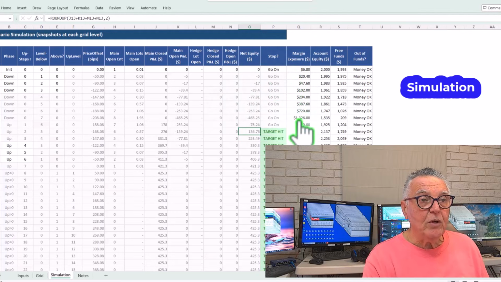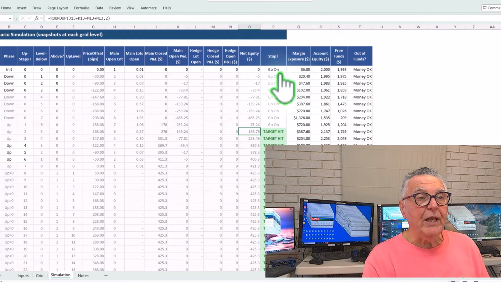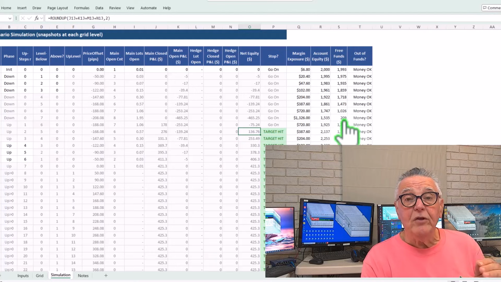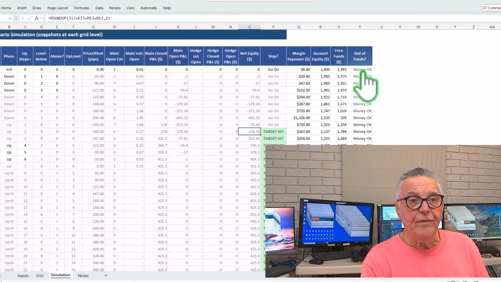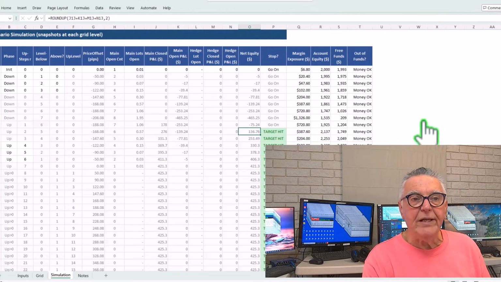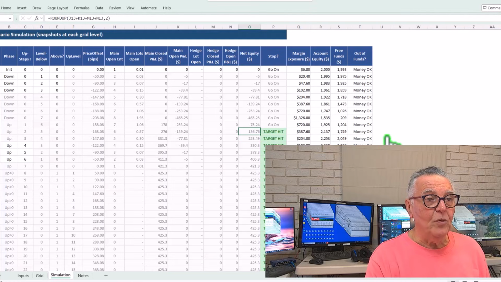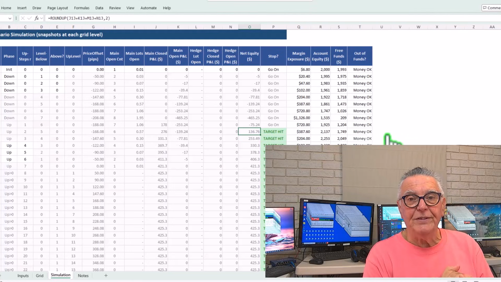There's the margin requirements. It measured equity in terms of your account minus the trading results, and then it says, okay, well, in fact, you only have so much available in your account, and there's out of funds. Okay now, and I'll show you an example where we run out of funds and there's a margin call. It will actually tell you when there's a margin call. So that's the nature of this.